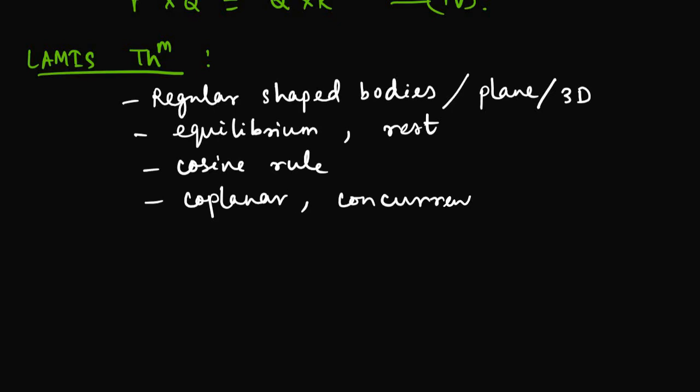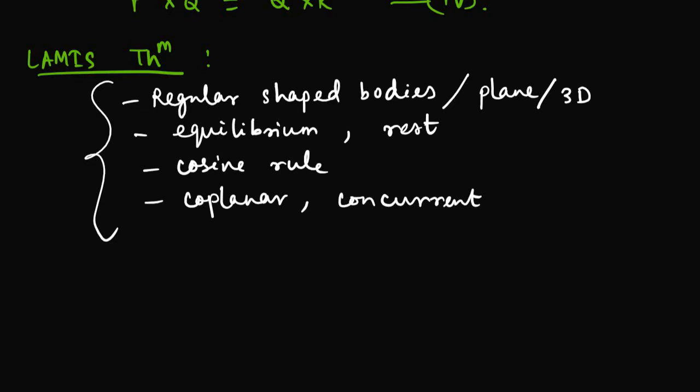Now the definition of coplanar is the forces which are acting on an object in the same plane. What do you mean by concurrent? They are acting on an object towards a single point. These are the criteria for applying Lami's theorem. If they are not met, we should not apply it.